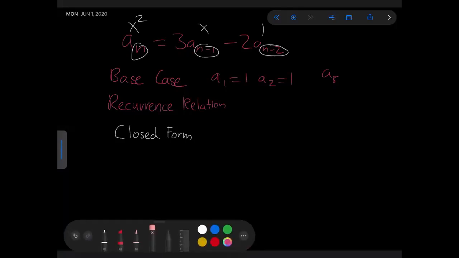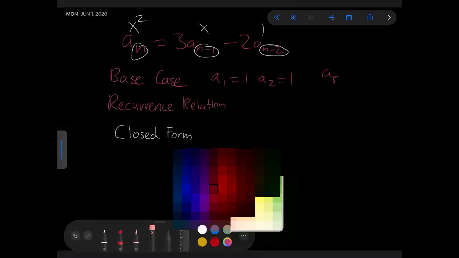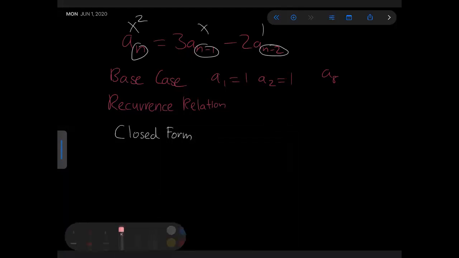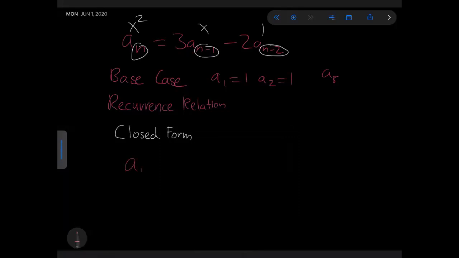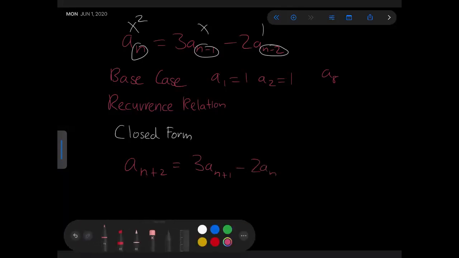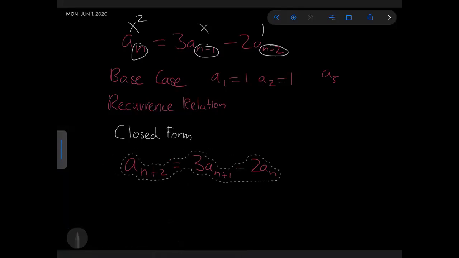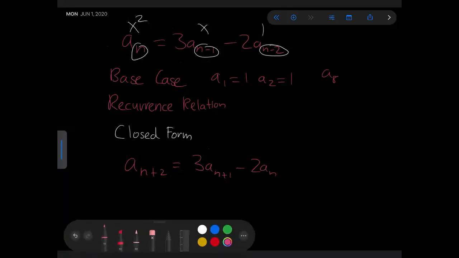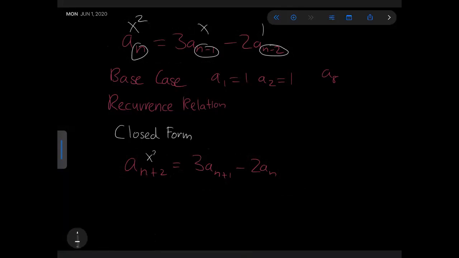Another way you can write that would be a sub n plus 2 is equal to 3 a sub n plus 1 minus 2 a sub n. This bottom recurrence relation is the exact same thing as the one above, which is why you have x squared, because there's a 2 here, x is a 1, and just 1, because there's nothing here.